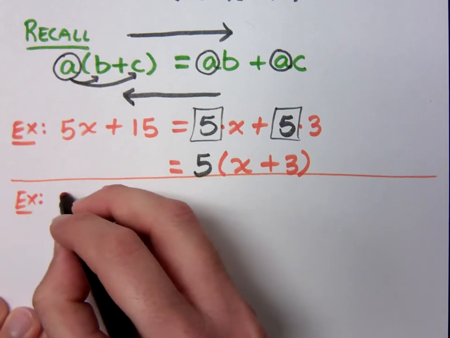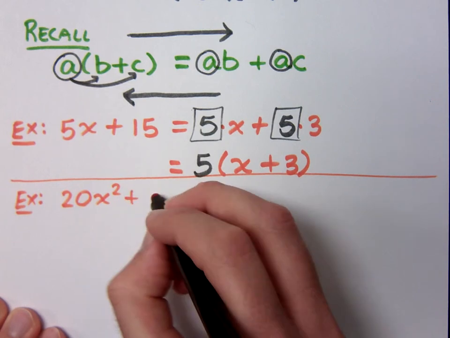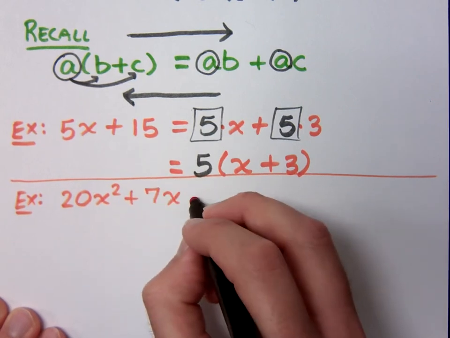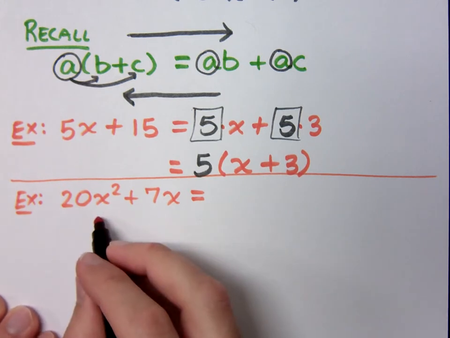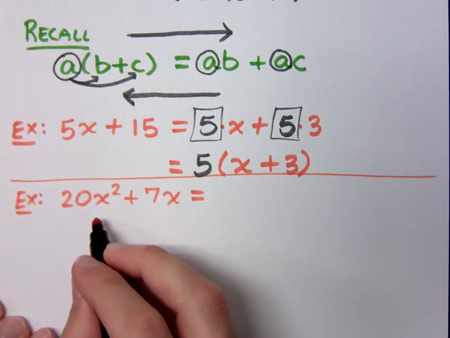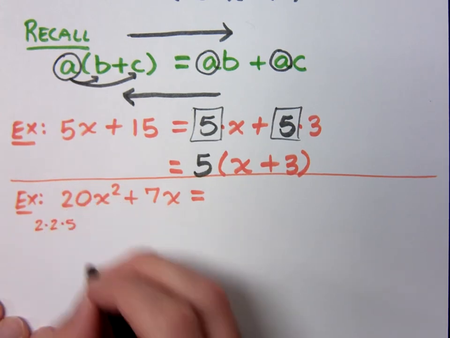What if I have this? 20x squared plus 7x. Is there something that these guys have in common? They both have an x in common. If you were to look at 20x squared, completely broken down in terms of its factors, this guy is made up of 2 times 2 times 5, and that gives me 20, right?